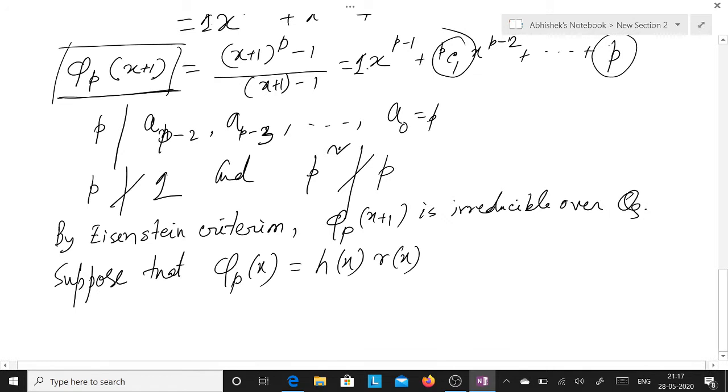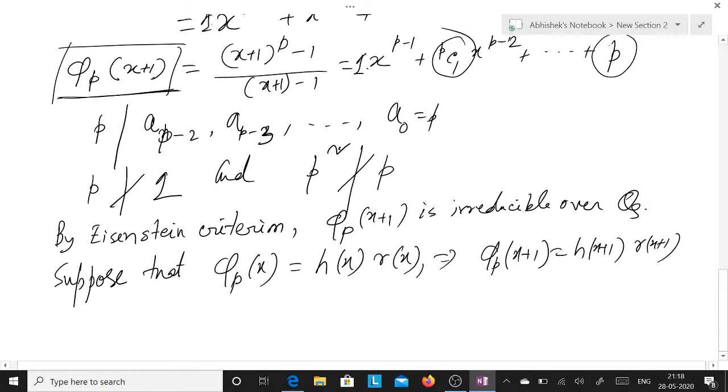So phi p of x can be factored into two polynomials h(x) and r(x). If this holds, then again applying the translation, phi p of x plus 1 will be h(x plus 1) times r(x plus 1).